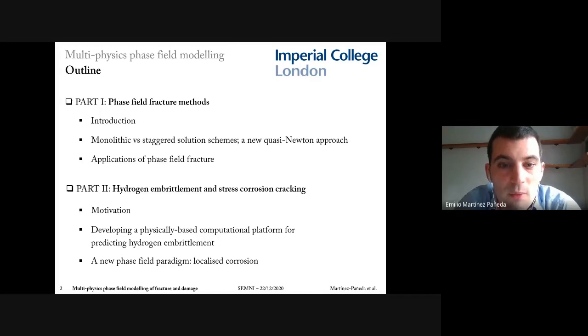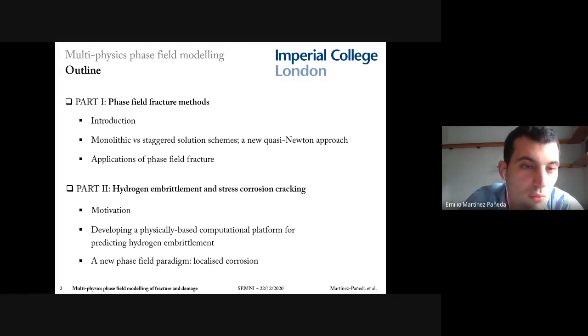In the second part, I will introduce this exciting scientific and technological challenge that is hydrogen embrittlement, and I will discuss how we have developed a mechanistic computational framework that can predict hydrogen-assisted cracking in both laboratory experiments and practical applications. And finally, I will discuss briefly a recent paper of ours that shows how the phase field paradigm can be used to enable modeling another important challenge, the corrosion of metals.